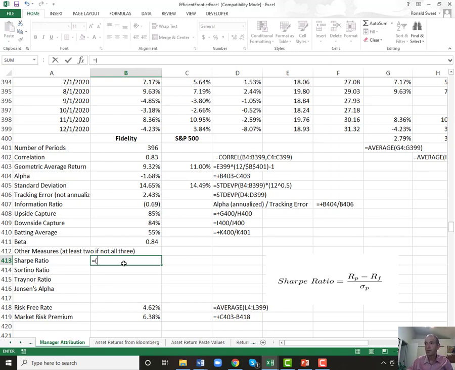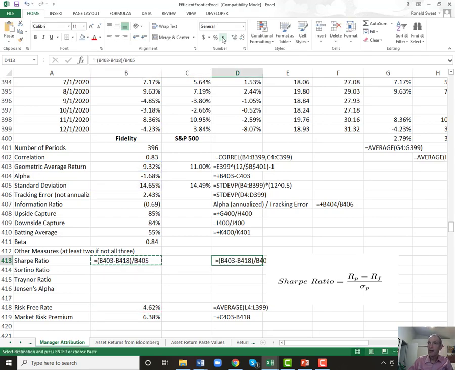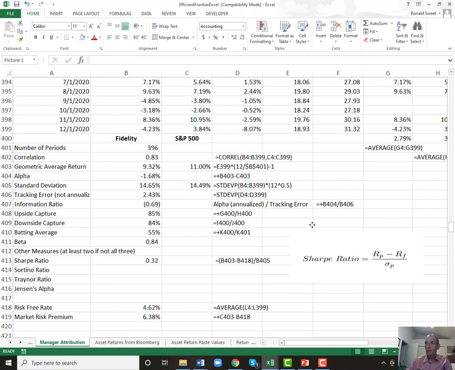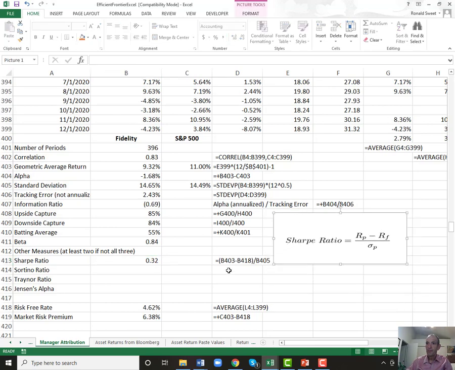It's a total return. So you take the return of your portfolio minus the risk-free rate divided by the standard deviation of your portfolio, and there's your Sharpe ratio. Now I'm going to let you look up on the internet what a good Sharpe ratio is. This is the part of the paper I want you to do your own analysis and look this up. So there's your Sharpe ratio.